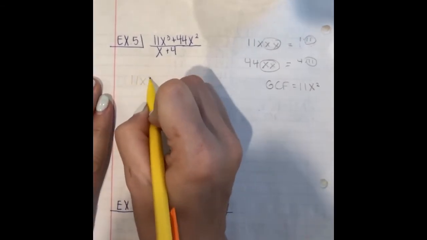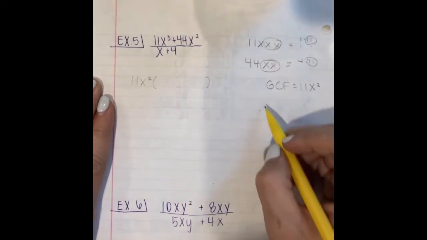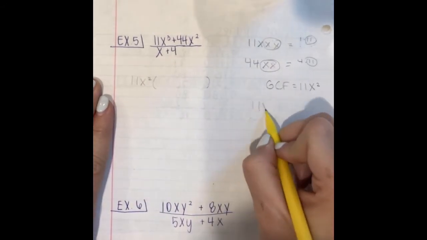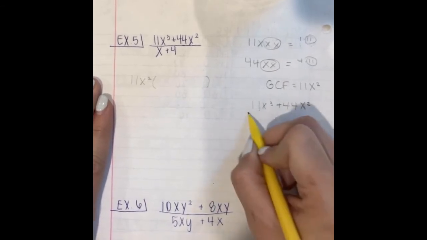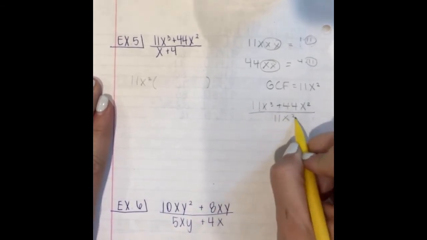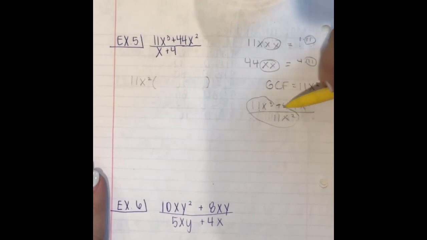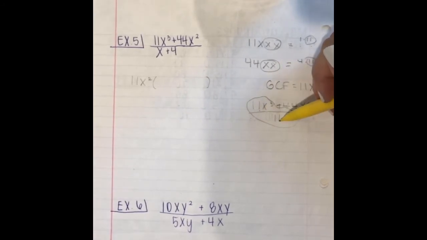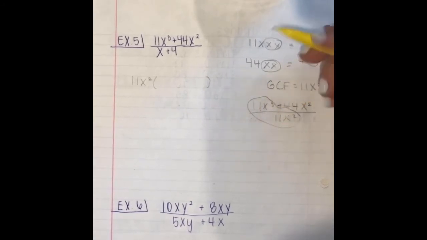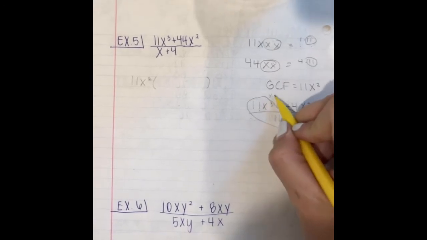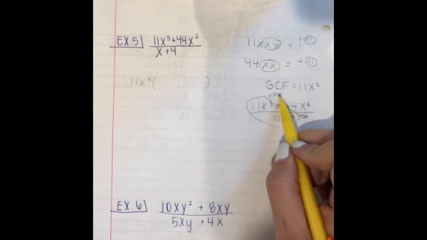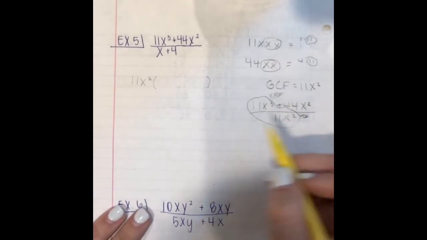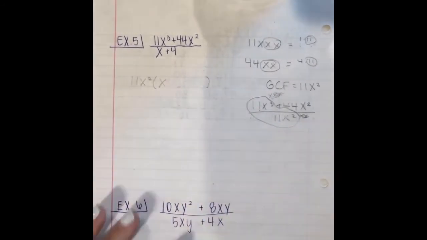So 11x squared is what I'm going to factor out. And to figure out what that would be, I'm going to divide. Okay? So 11 divided by 11 is just 1. If you have 3 x's and you take 2 away, that just leaves you with 1. So we're left with 1x, okay?